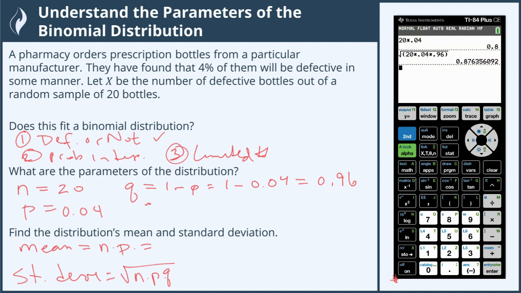So let's write that down. Our average is 0.8, about 1 problem bottle per 20. And our standard deviation is 0.8764 if we round it to 4 decimal places.